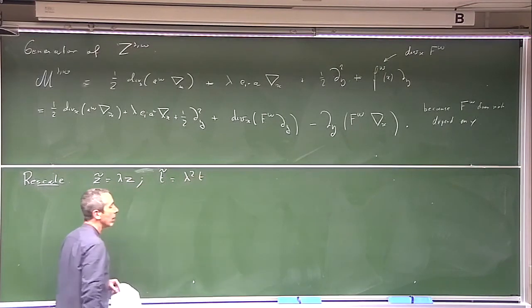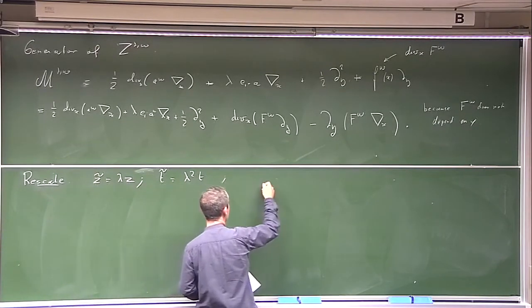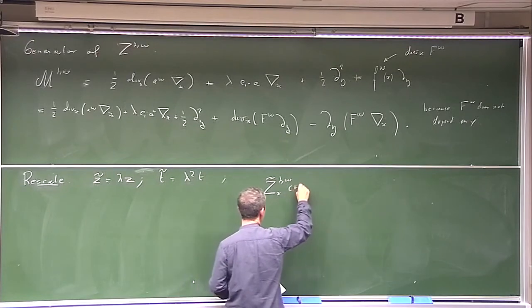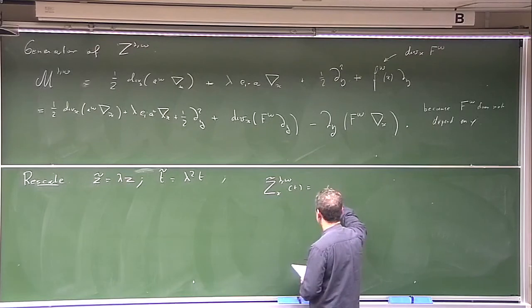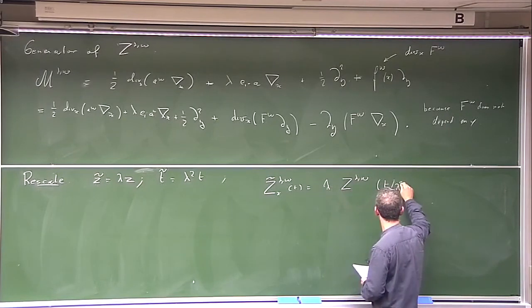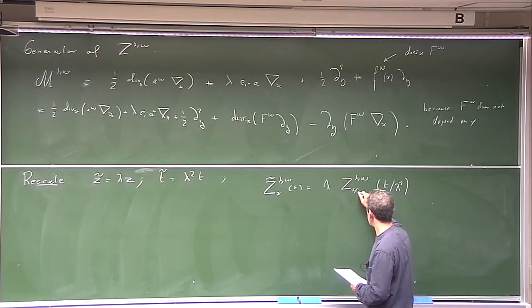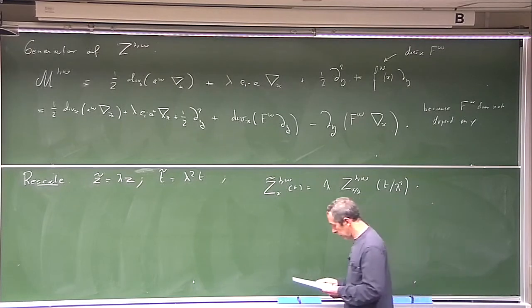So we are doing diffusive rescaling, and then the rescaled process, let's say with the tilde, z tilde lambda omega x times t, by definition, is lambda times z lambda omega at time t over lambda square, and the starting point is then x over lambda, so that they both start from the point x.